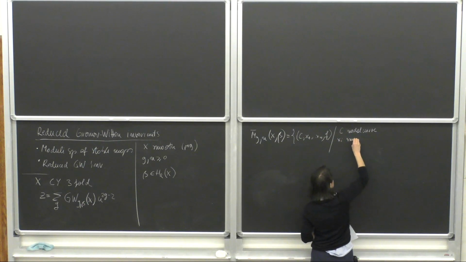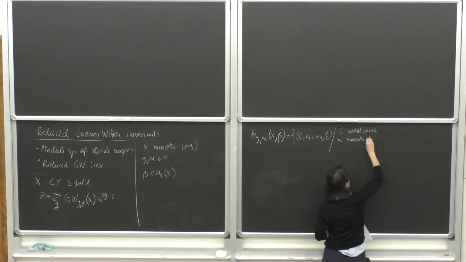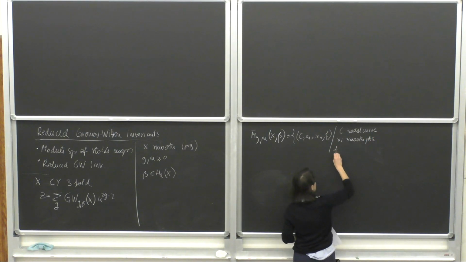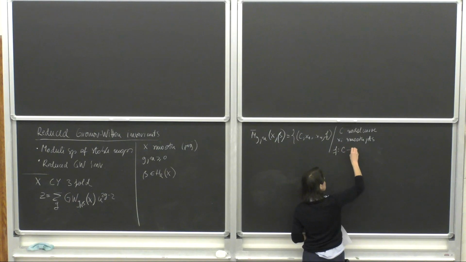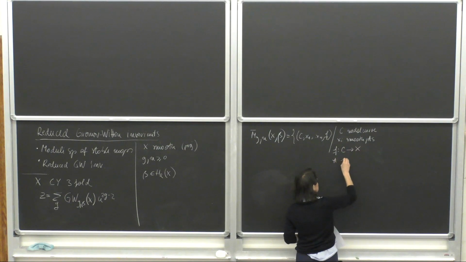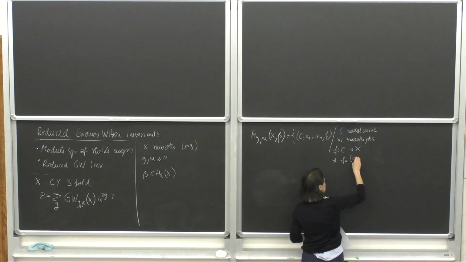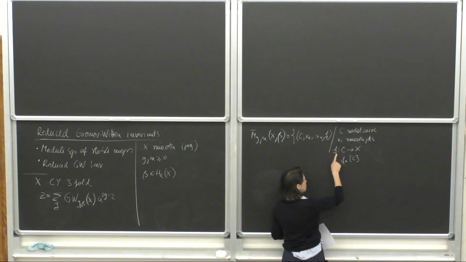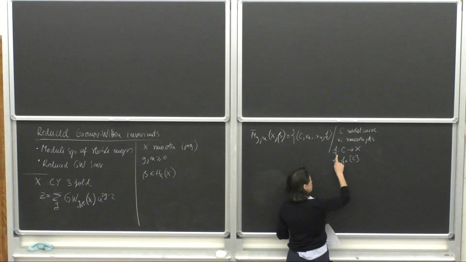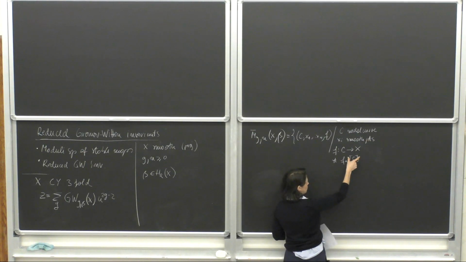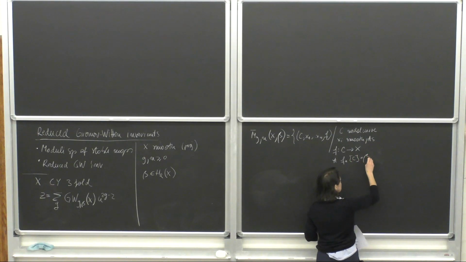The x_i are smooth points. f is a map from the curve to X. So I have a curve and a map from the curve to X, so it makes sense to look at the image of this curve and look at the homology class in X, and I'm asking that this is beta.